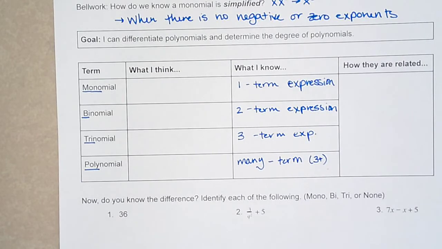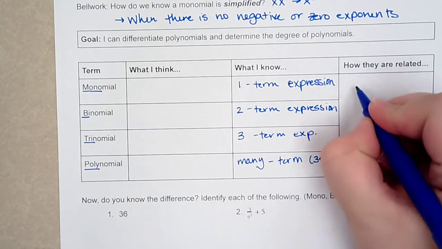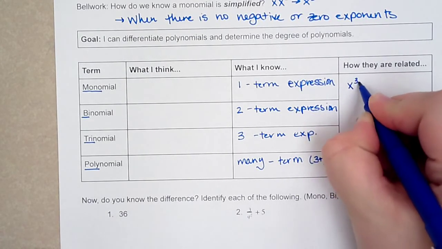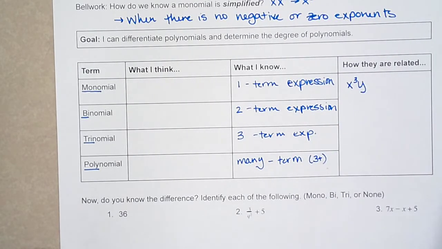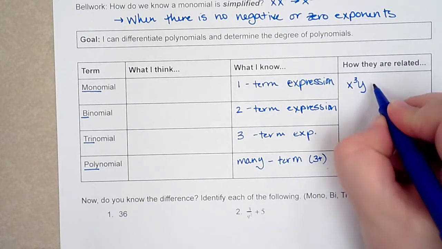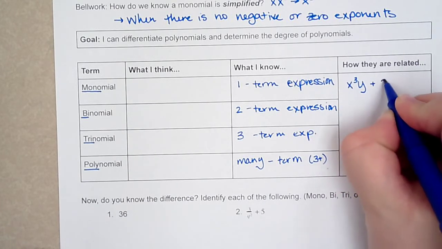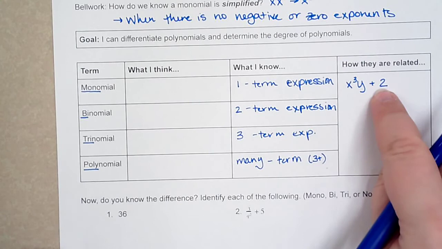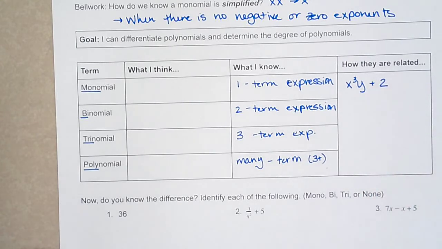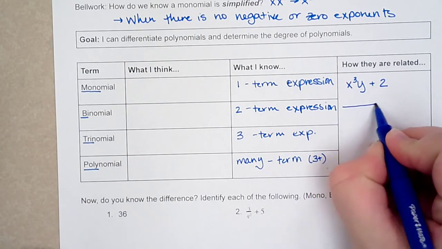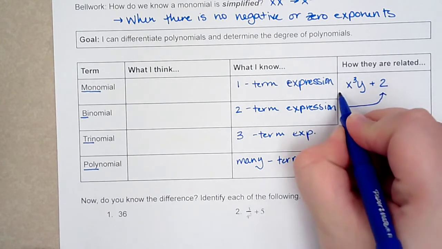Now, how are they related? Well, they all talk about terms. x to the third y would be an example of a monomial. As soon as we add or subtract a second term, it doesn't matter if it's a number or a variable, we suddenly have a binomial.